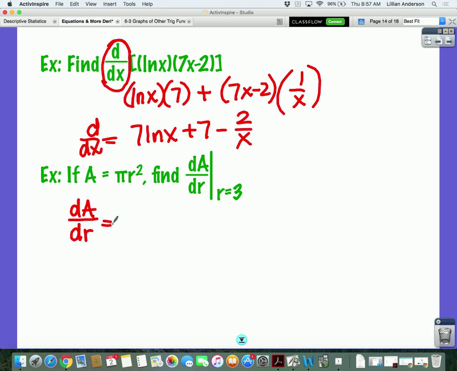Now this right here, what's this look like? Pi r squared. Area of a circle. When you take the derivative of the area of a circle, what do you get? You get circumference, right? Power rule says to bring it down to the front. Pi is nothing but a constant. Subtract 1 from your exponent. Yes, the derivative of the area is circumference.